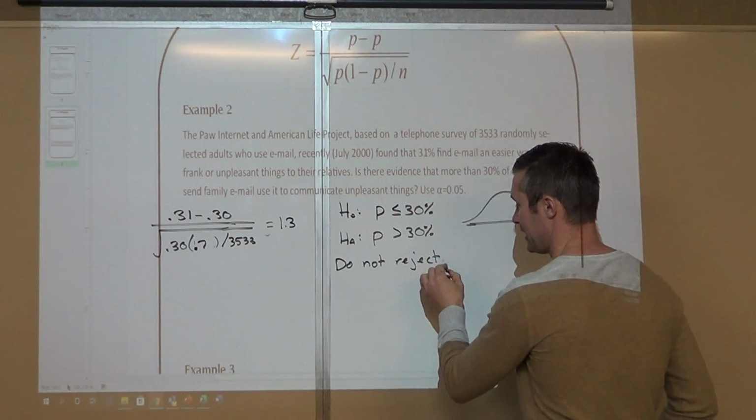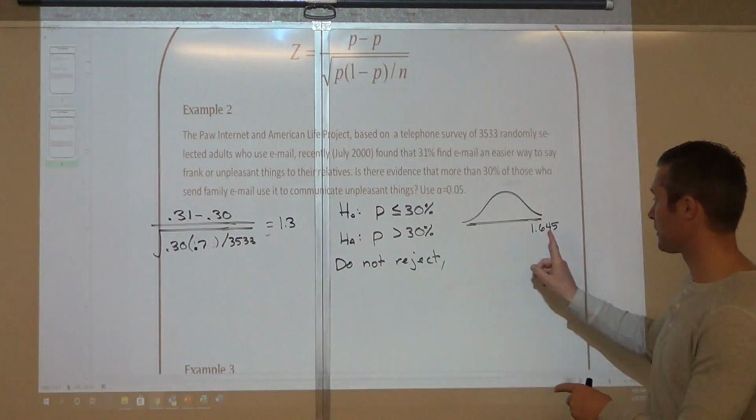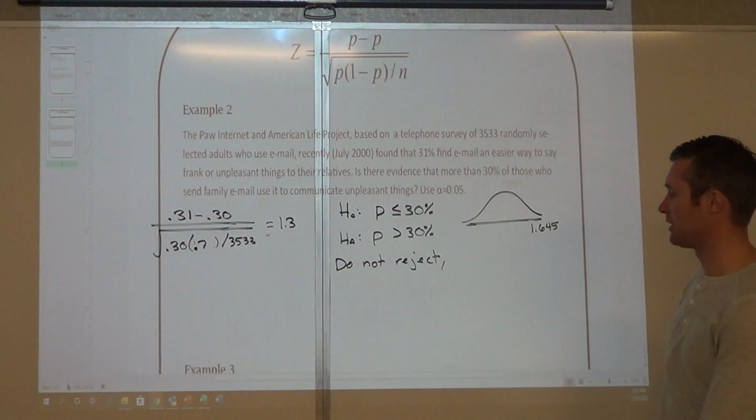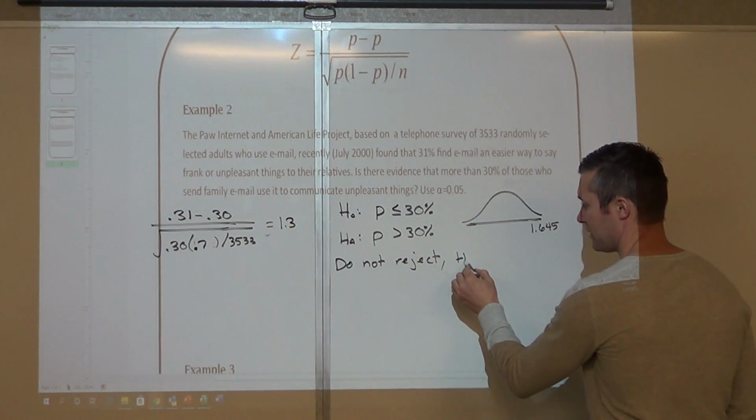So once again, there is no significant difference between our sample and our population. So is there evidence that more than 30%? We'd say no. Okay? Do not reject.